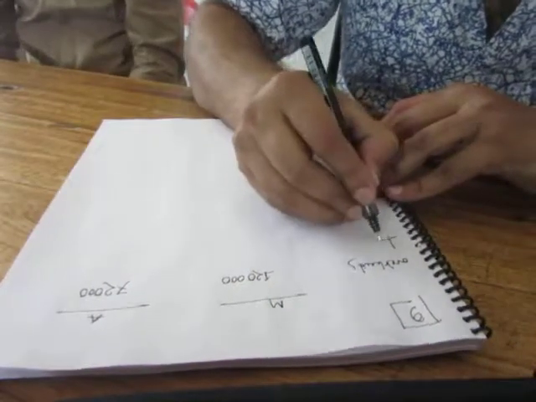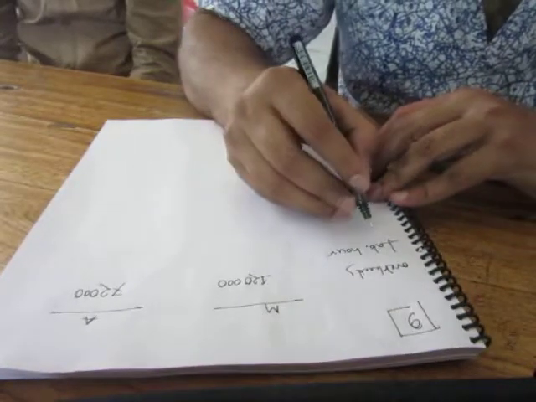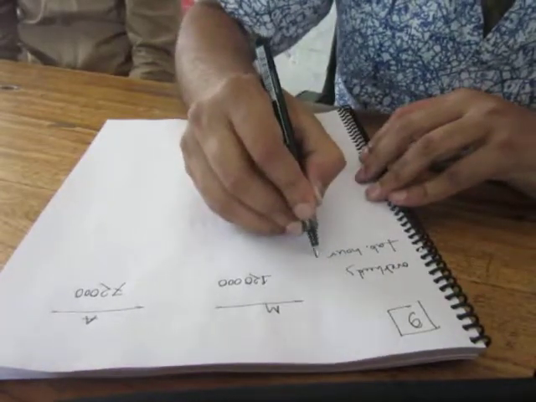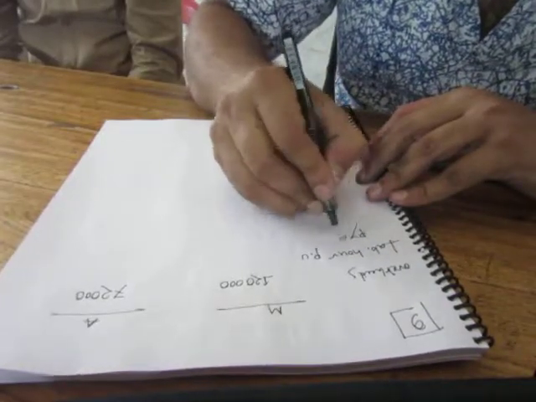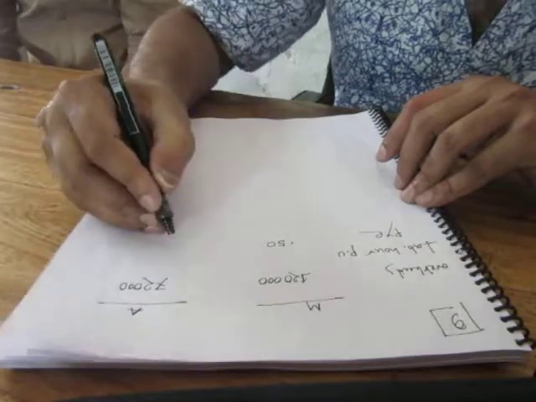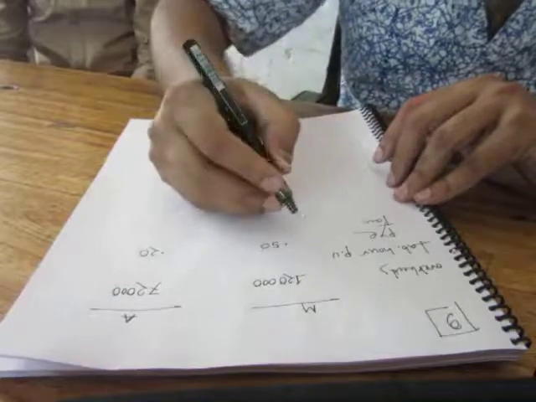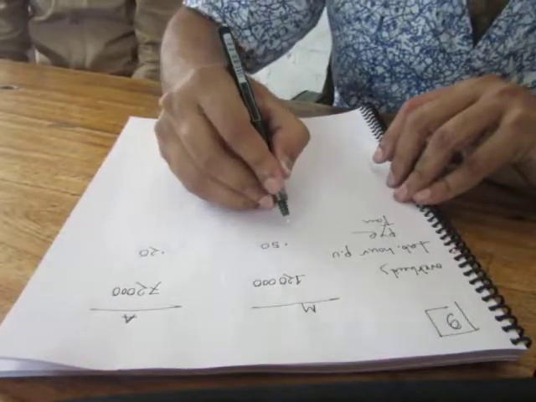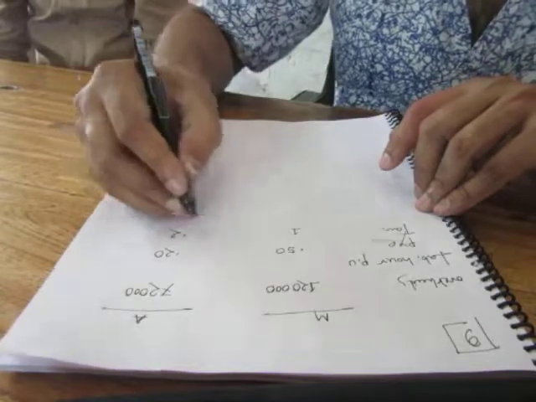Labor hour per unit: here 0.50, here 0.20, and for product 10, here 1 and here 0.25.